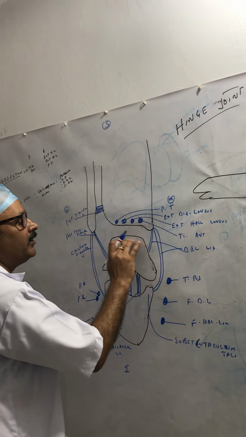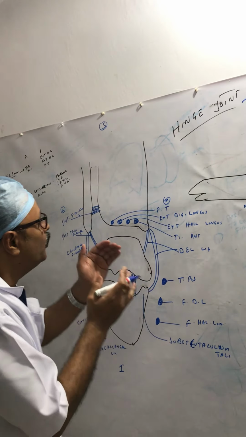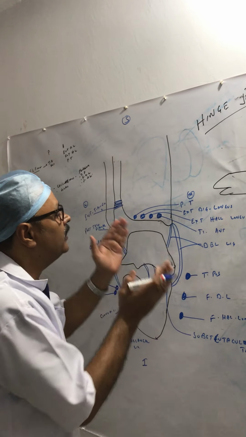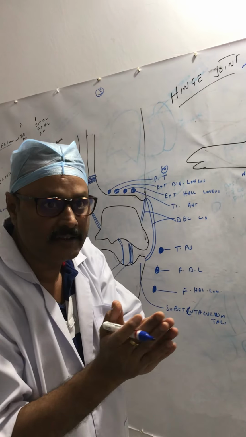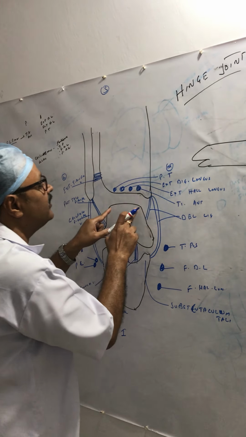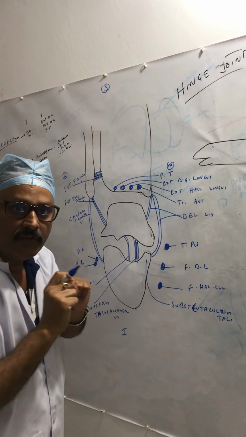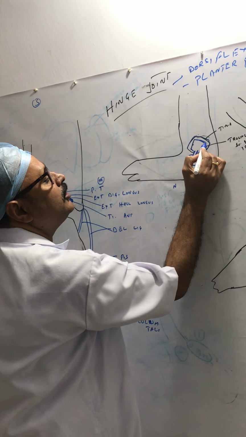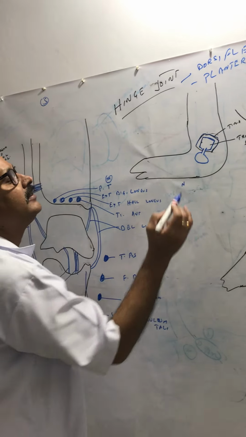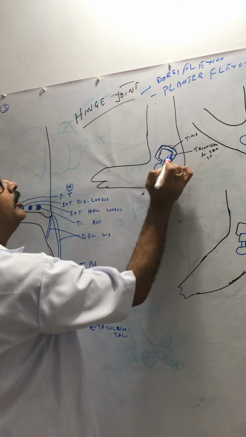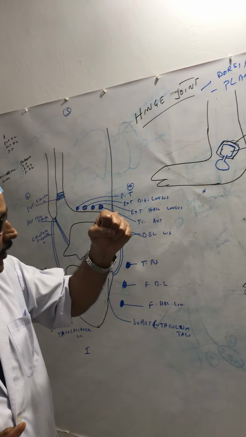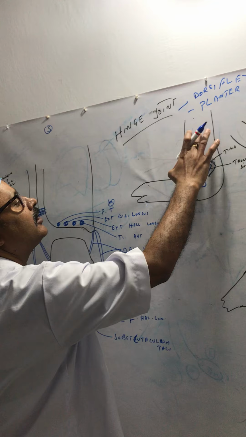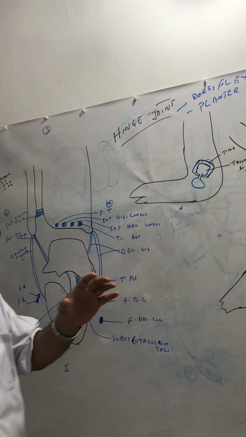The superior surface of the talus, which comes in contact with the inferior surface of the tibia, forming the ankle joint, is known as the trochlear surface. You can see that this is snugly fitted into the lower end of the tibia, so there is no chance of dislocation. This is the normal anatomical position of a foot.